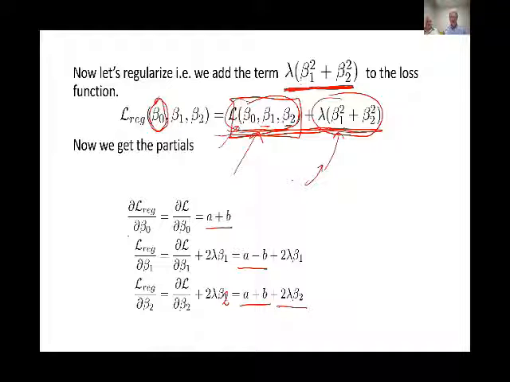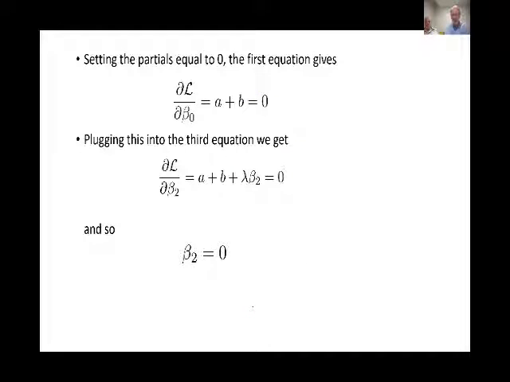Now we have this extra term here, and they're still equal to 0. So that gives us A plus B is equal to 0. So this must also be 0. A plus B is 0. So that gives us that beta 2 is 0.